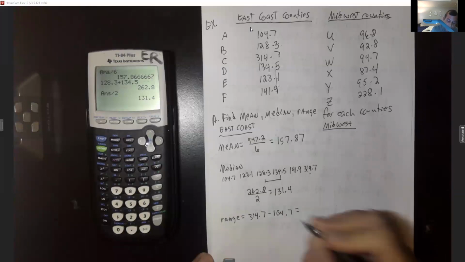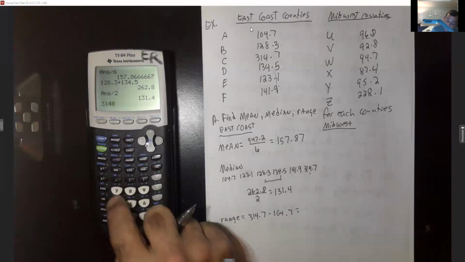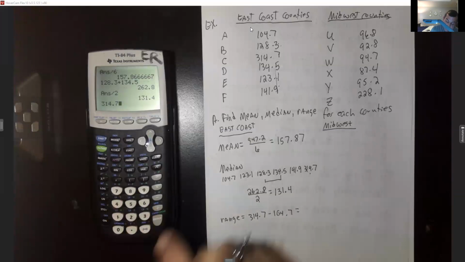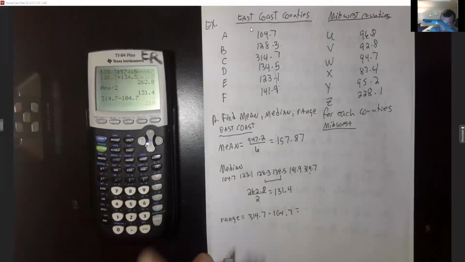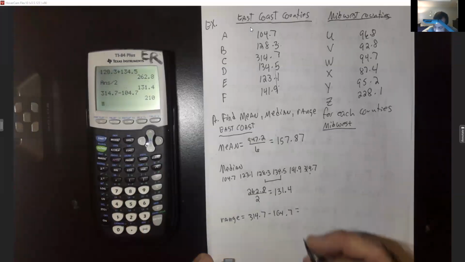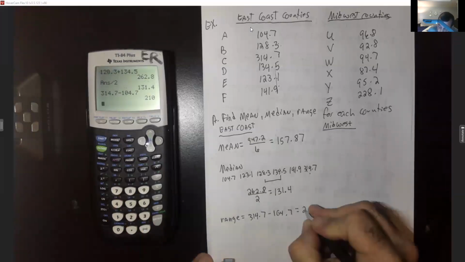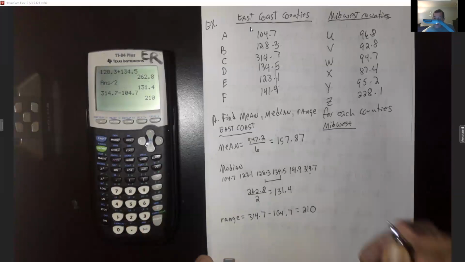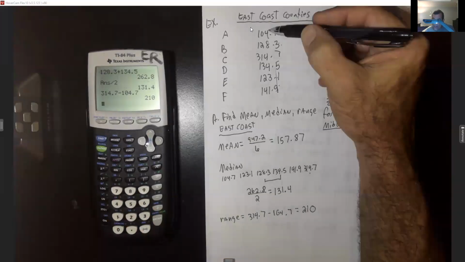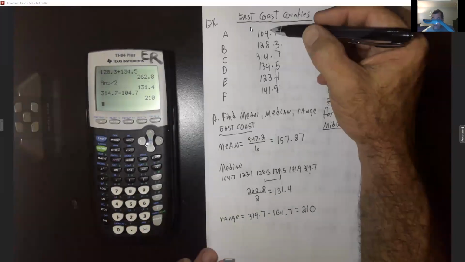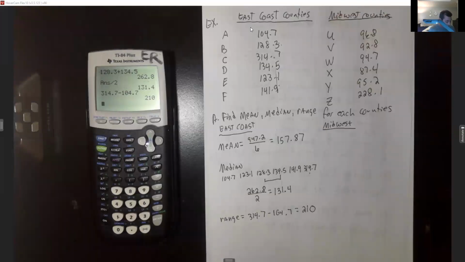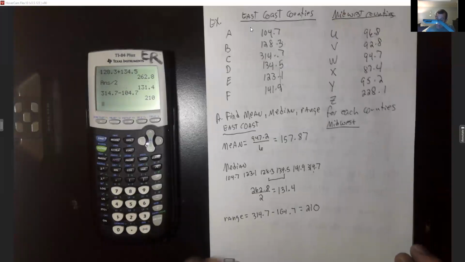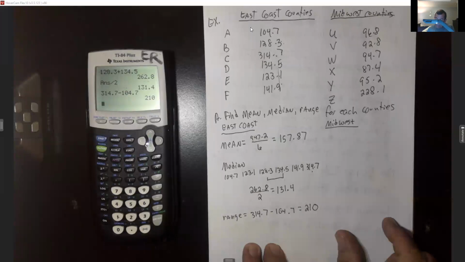So let's see what we get. 314.7 minus 104.7 is going to give me, what is that, 210. So that means my range from 104, if you added 210, you would get up here to the 314.7. So that's how wide my data is on that. And, all right, guess what? I got to do all that now for Midwest.